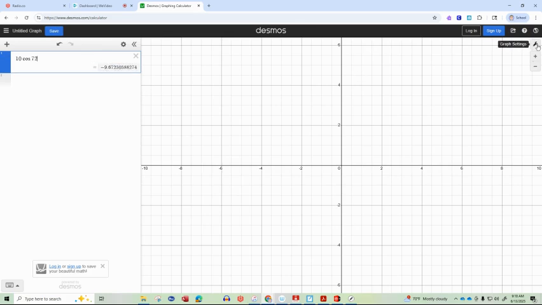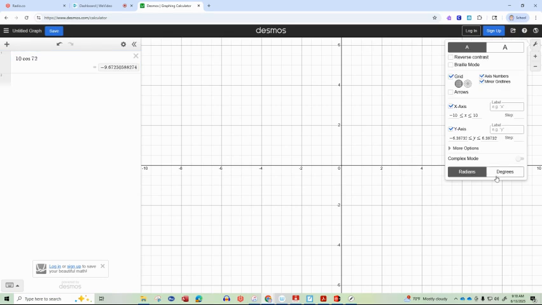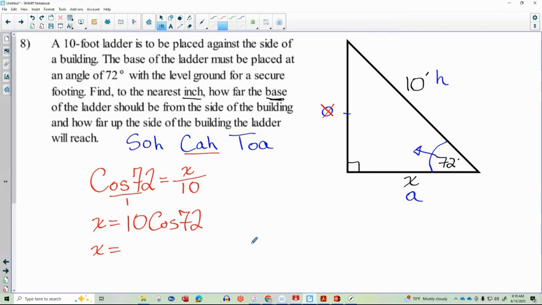That's because sometimes when you're in Desmos, you're in radians instead of degrees. So we put it back to degrees. And I get 3. If this was to the nearest tenth, it would be 3.1, but it's to the nearest whole number. So we're just going to write 3 feet. And since I have X over here representing the side, I can just leave it like that because I know where X is.